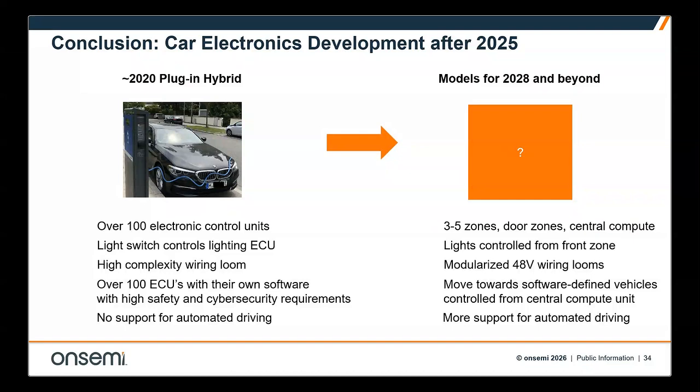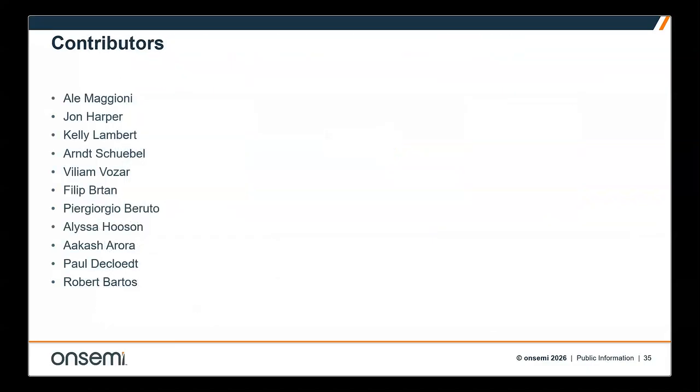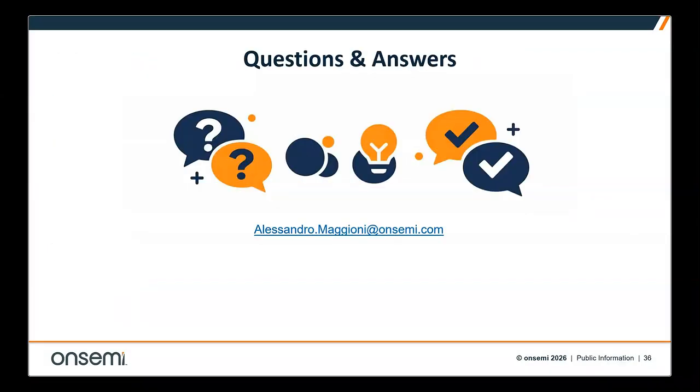So the question mark in the middle is the opportunity and exactly where the industry is investing. So thank you, that was the last slide. I would also like to show the contributors for this presentation, and if you have any questions, just let me know.